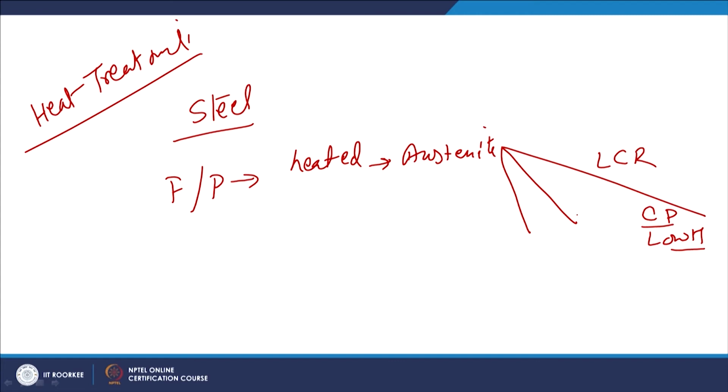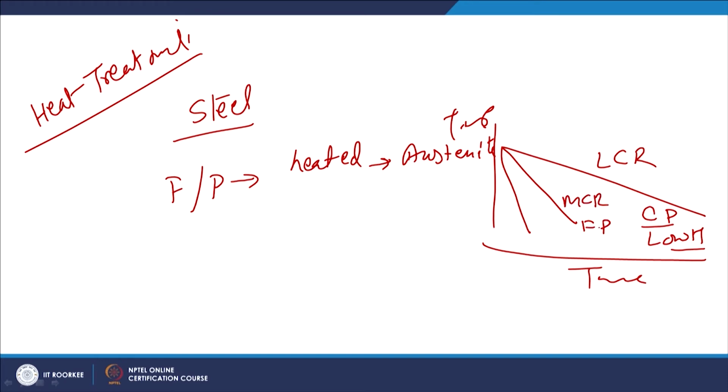On the other hand, if we use a slightly higher cooling rate, on the scale of time on the x axis and temperature on the y axis, a medium cooling rate will lead to fine grained pearlite and somewhat better hardness, and a significant increase in hardness is achieved using a high cooling rate. With a high cooling rate we get the martensitic transformation, and this increases the hardness significantly.